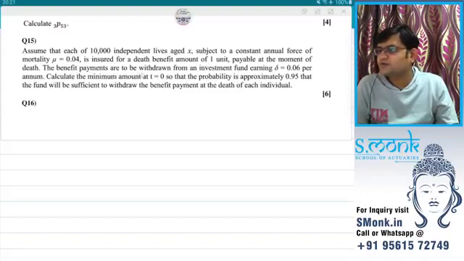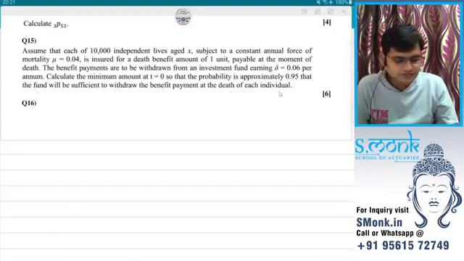The benefit payments are to be withdrawn from an investment fund earning delta equal to 6% per annum. Calculate the minimum amount at time 0 so that the probability is approximately 0.095 that the fund will be sufficient to withdraw the benefit payment at death for each individual.